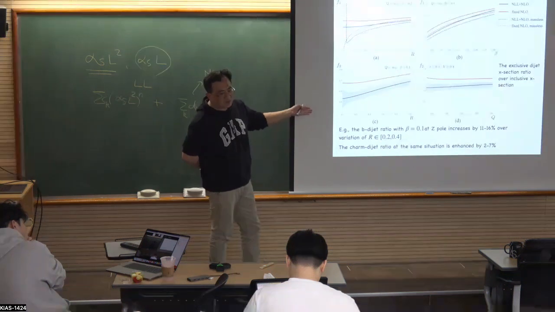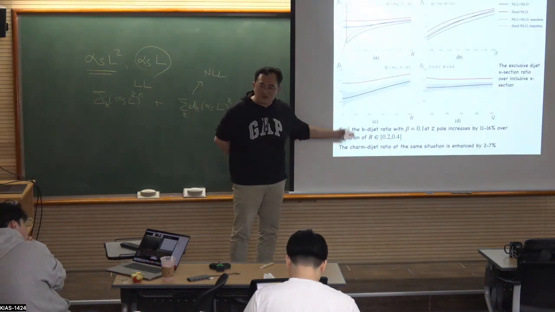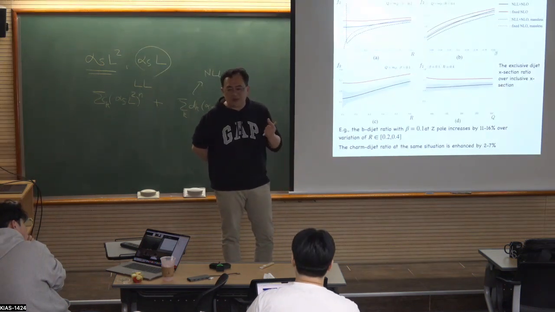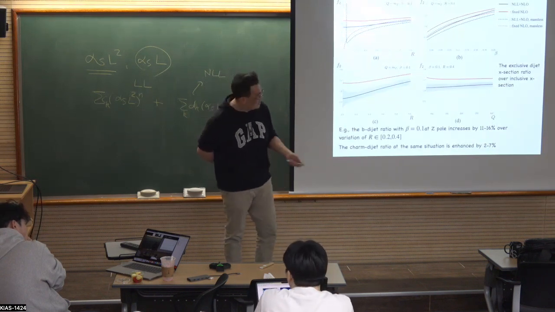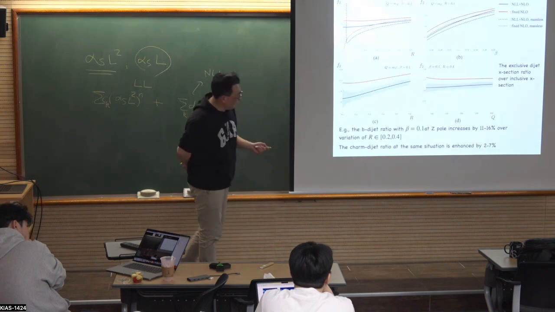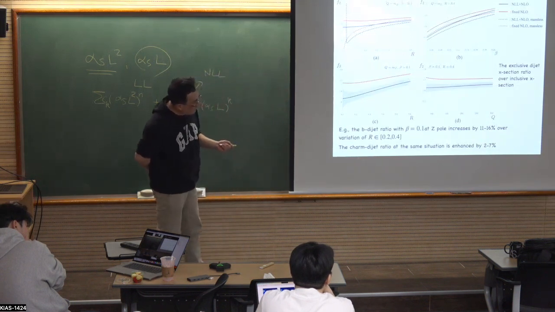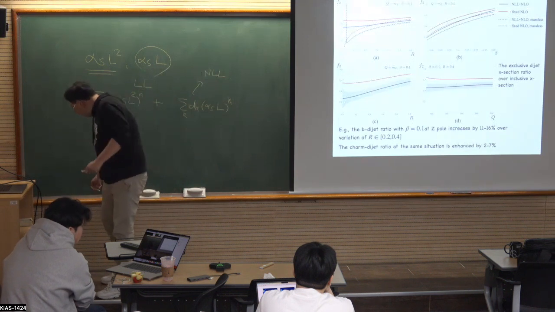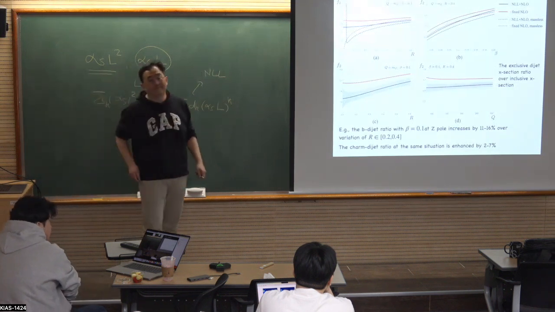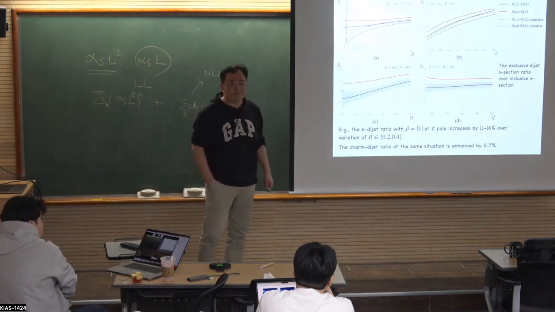So what I'm saying is that this mass correction gives significant corrections to the massless case. When you consider the charm, the enhancement is somewhat smaller, but still around 5%, something like that.